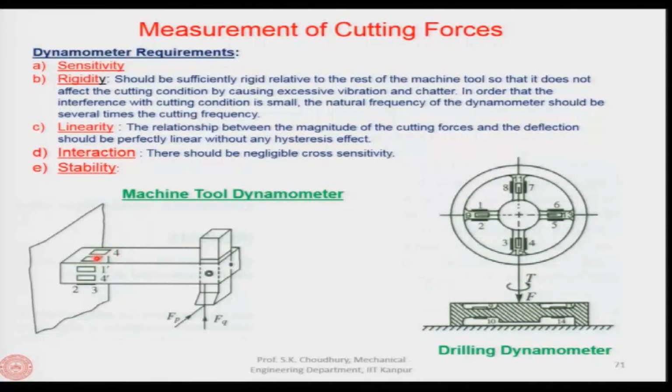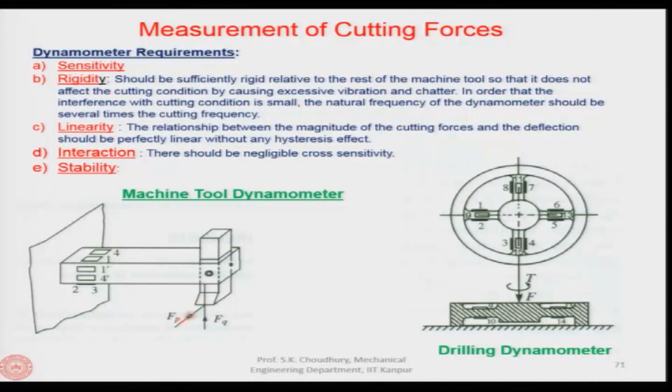So, there are 8 strain gauges. 1, 2, 3, 4, as we have discussed in the case of the cantilever beam, will sense the force which is acting like this. This is the FQ, which can be considered to be a thrust force.